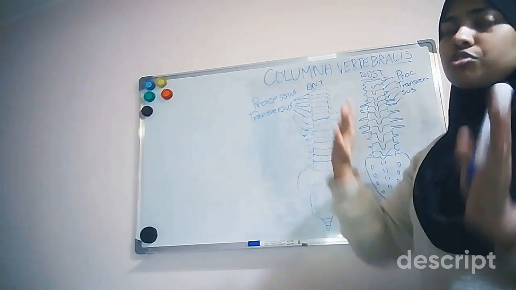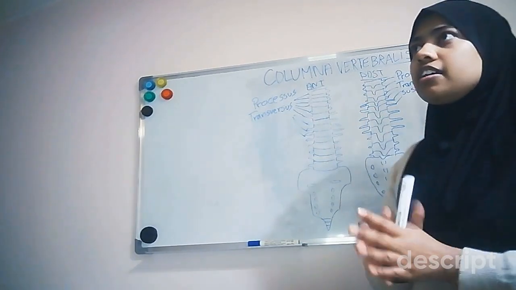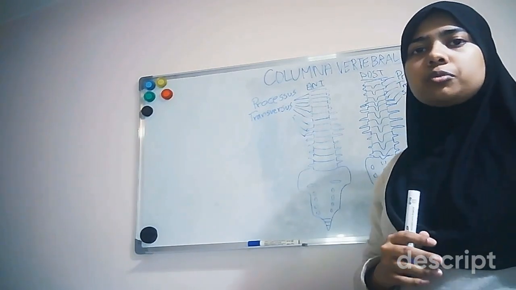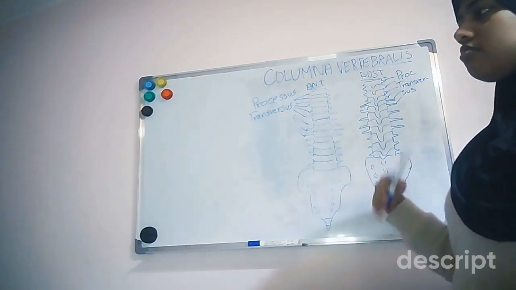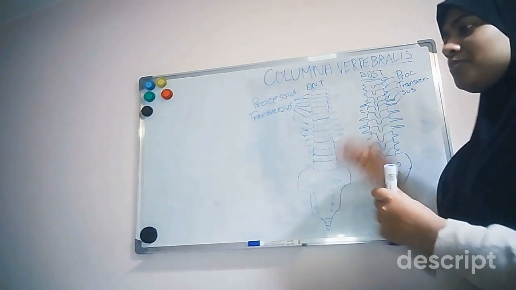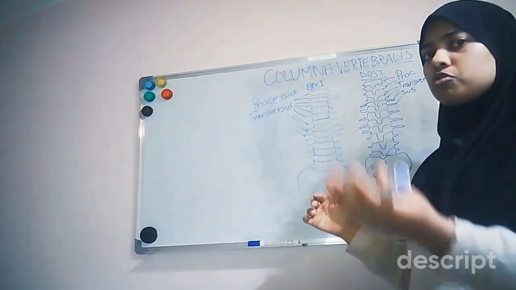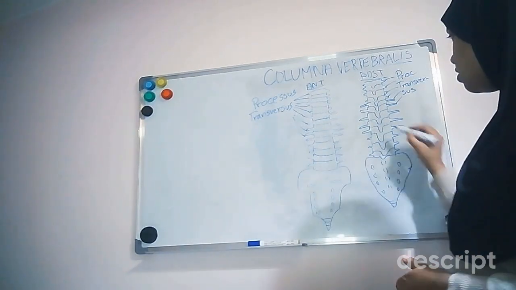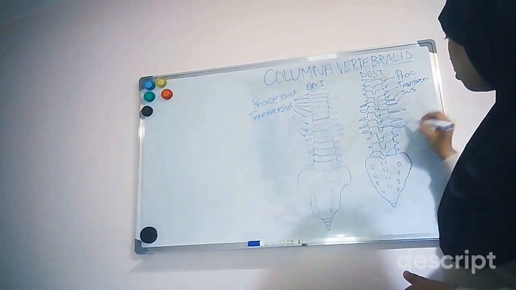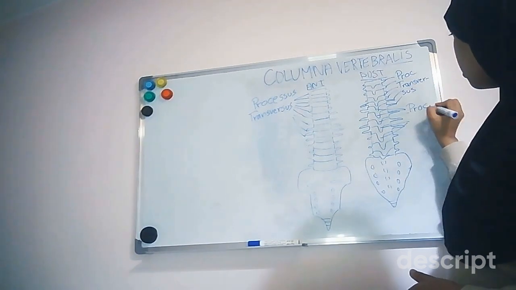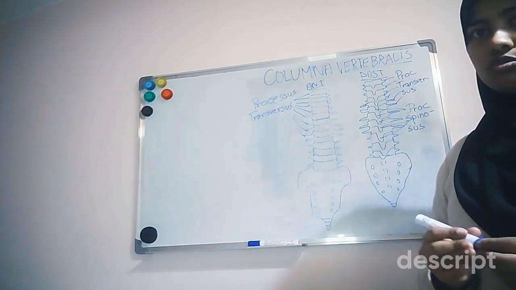So they're protruding towards the back, and that's also what you feel when you can feel your spine. It's these processes. These protrusions, so spinal protrusions, are called processus spinosus.